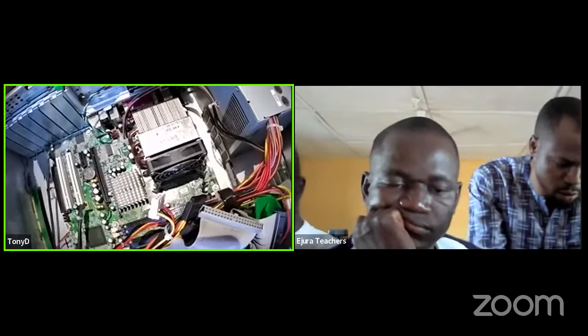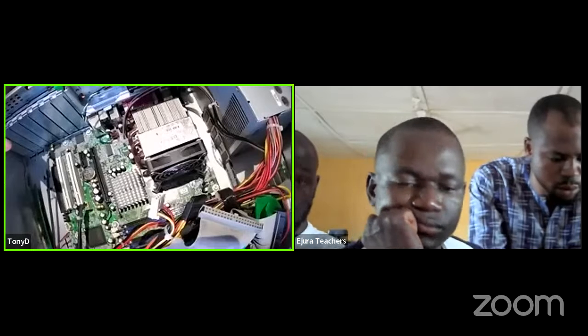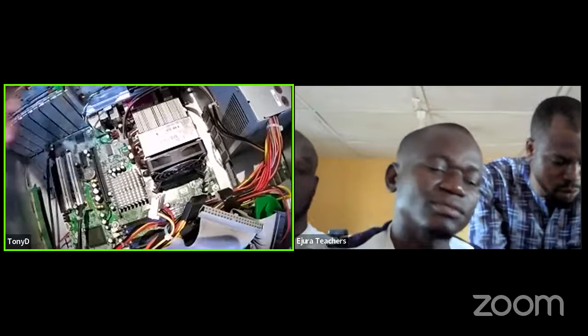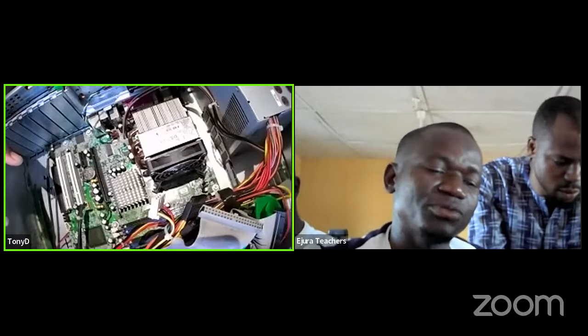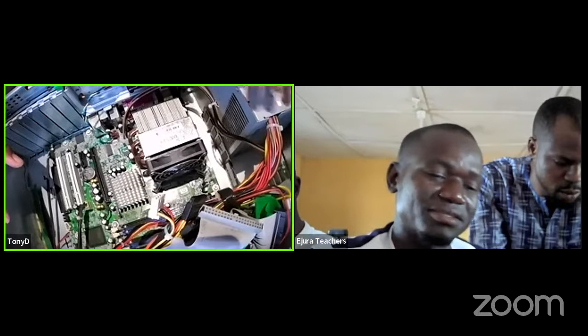Sometimes people call the whole system unit the CPU, like, oh, this is a CPU. No, the CPU is a component of the computer.